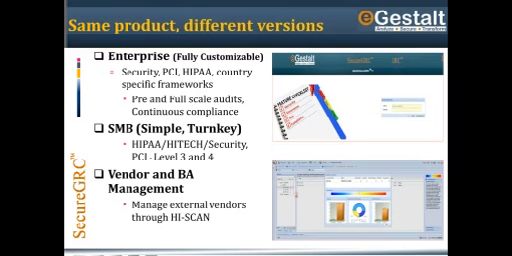We have the enterprise version, which is for medium to large businesses. There is the SMB version, focused on small to medium businesses, as the name suggests. And then we have a version of the tool to do vendor and BA management, really focused on the problem of managing external vendors and business associates. That is the focus of the discussion today.